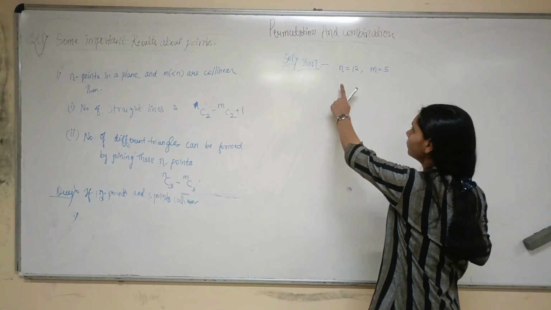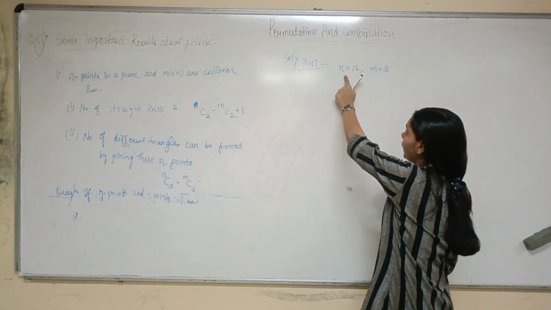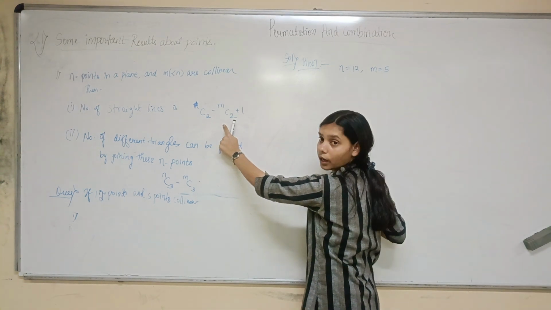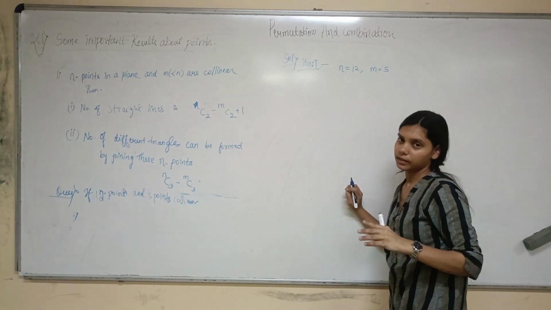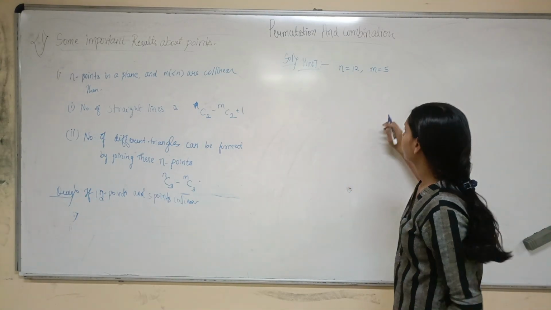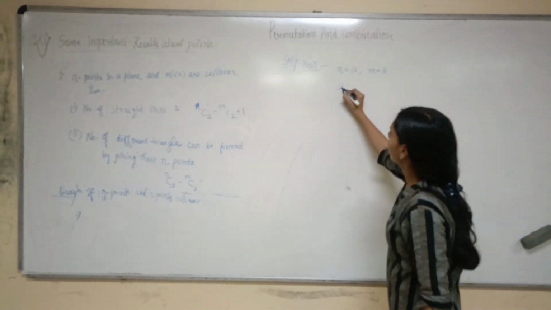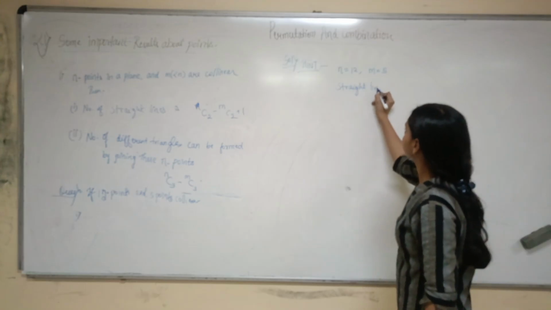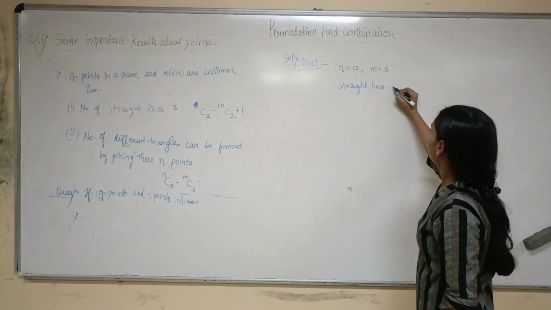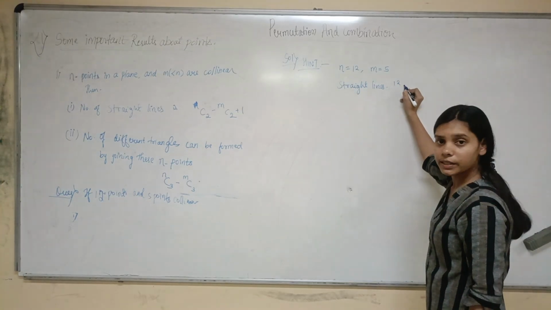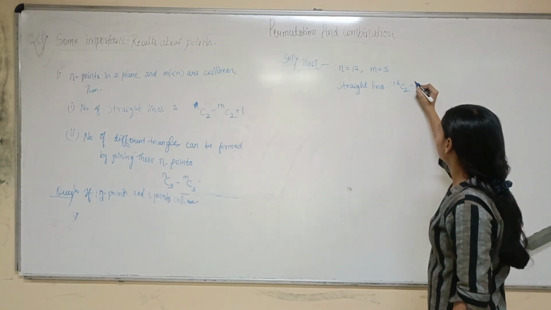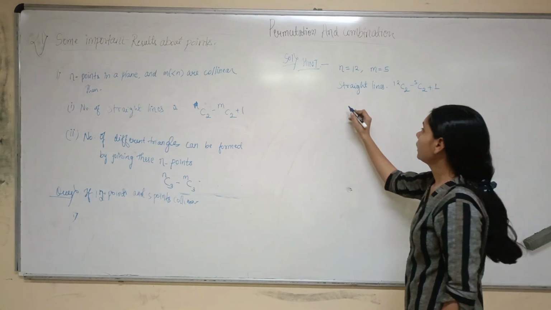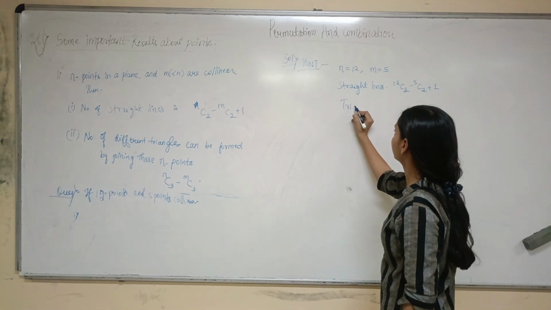Now put the values of n and m in the given formula and we get the result. Okay. So the straight lines: tell me, nC2 means 12C2 minus 5C2 plus 1. Okay. And the number of triangles.